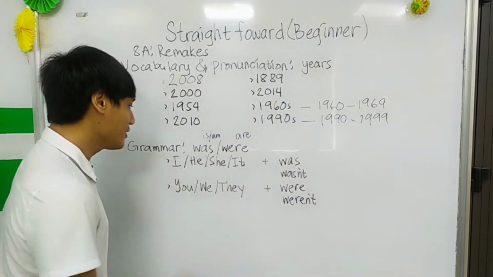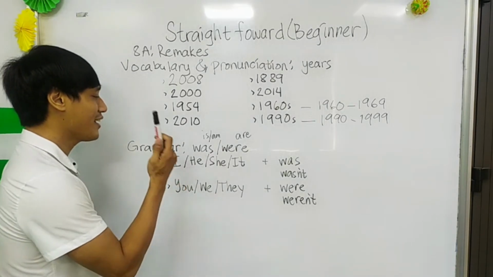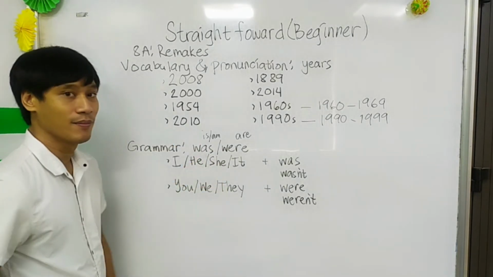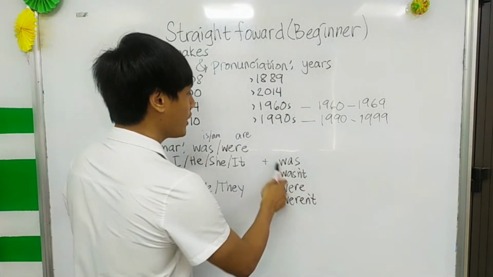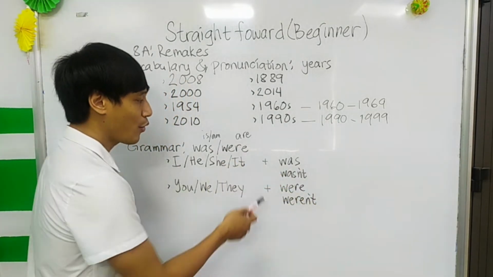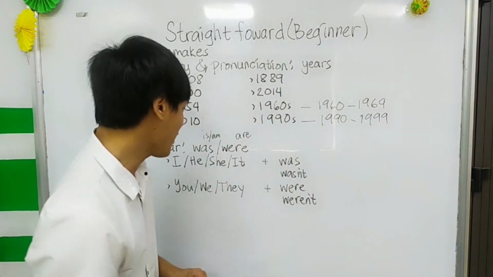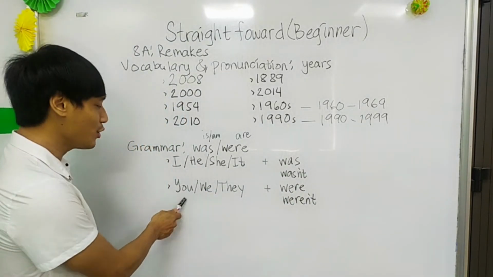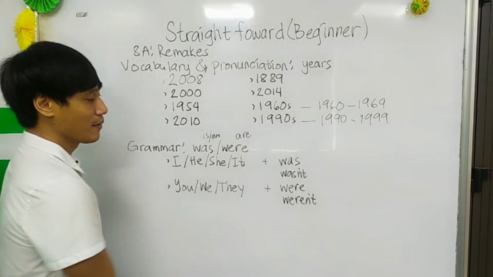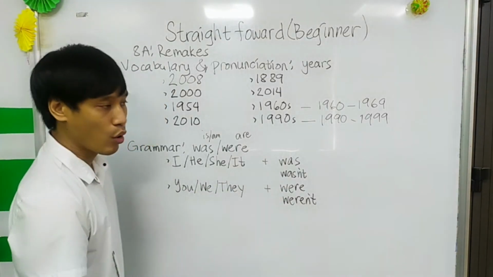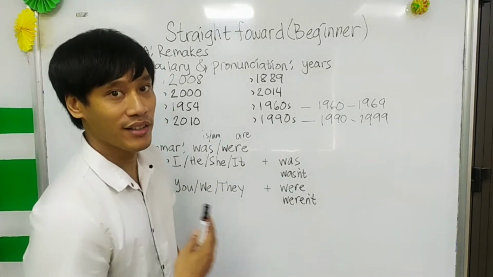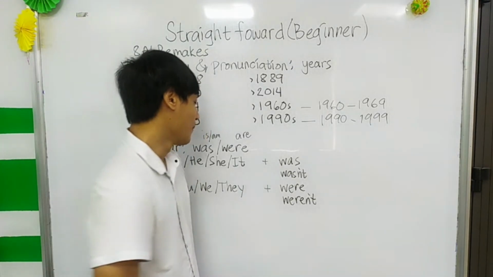If the subject is I, he, she, it, you need to use was for past tense, or wasn't, was not, if it's negative. And if the subject is you, we, they, you need to use were, or weren't, were not if it's negative.